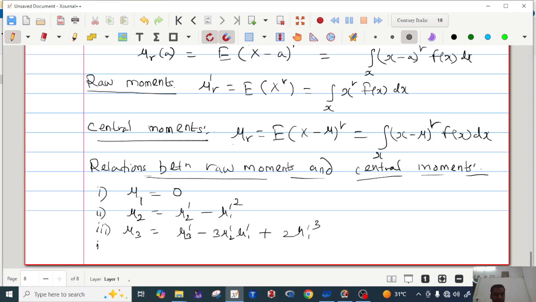And the last one is mu4 is equal to mu4 dash minus 4 mu3 dash mu1 dash plus 6 mu2 dash mu1 dash square minus 3 mu1 dash raised to 4. These are the relations between raw moments and central moments.